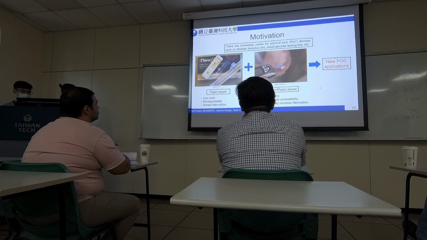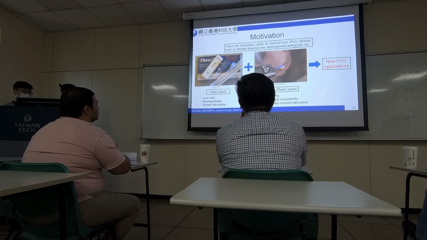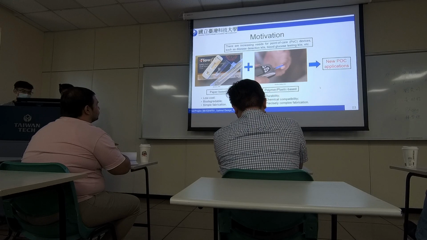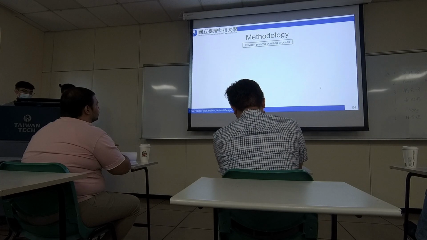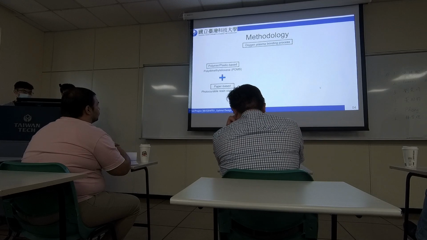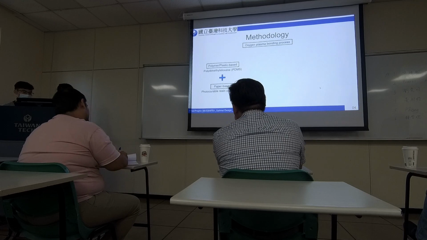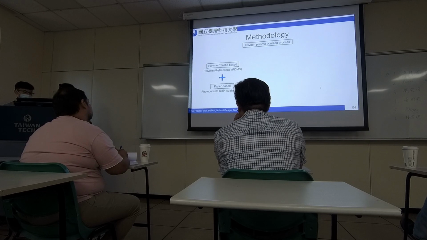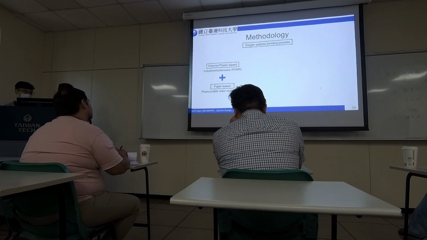There are a lot of methods to combine the two structures together, and one of them is called bonding. In our topic, we focus on the oxygen plasma bonding process. For the polymer or plastic substrate, we focus on PDMS, and for the paper, we focus on photocurable resin coated paper, which means it's not a blank paper.